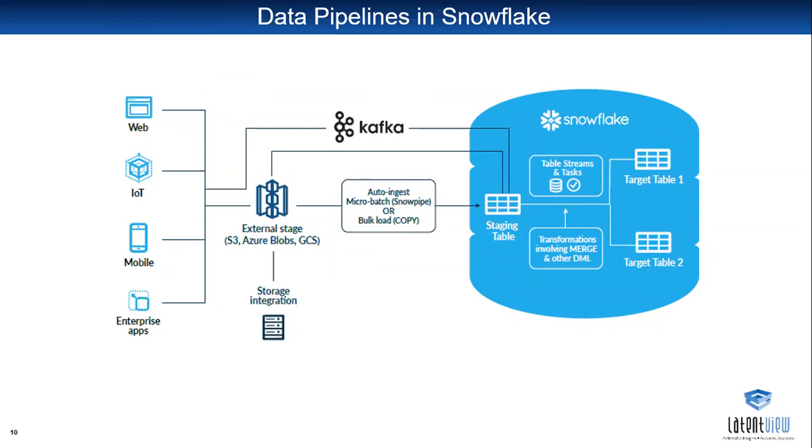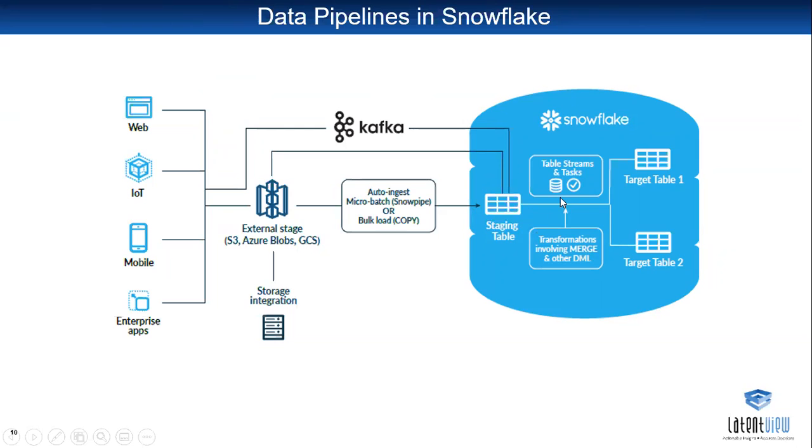Once you connect the stage, which we will see in our demo, like how we connect to a stage, I can show you in the demo. Once you connect a stage, we can schedule an auto-ingest, like a micro-batch Snowpipe, or a bulk load copy into a staging environment within Snowflake. After that, you can write your transformation queries, which can move the staging data into the target tables.